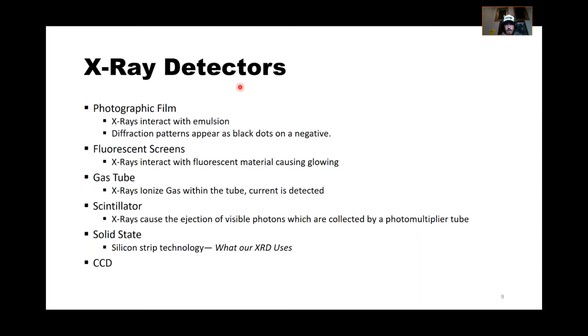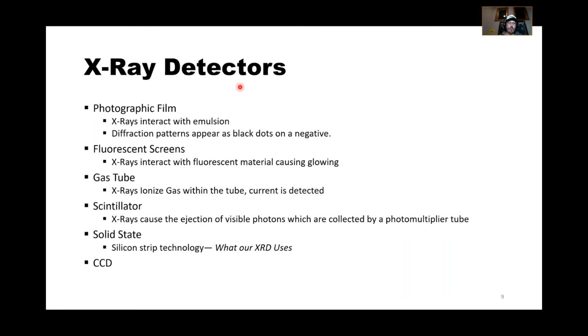If you're casting a diffraction pattern on a fluorescent screen, you would logically have to have some other way to record it, so you would use a fluorescent screen in conjunction with a camera, and then you would take a picture of the fluorescent screen.